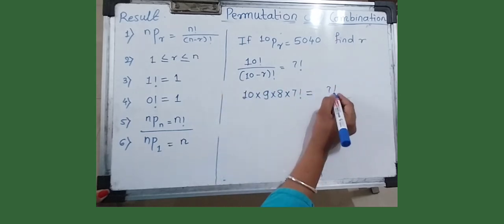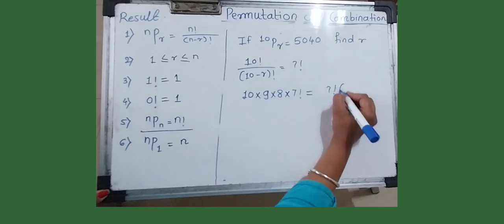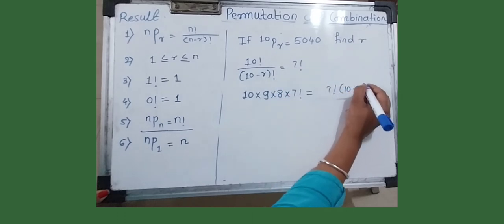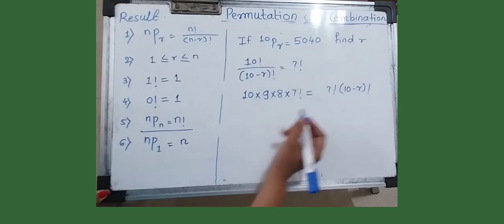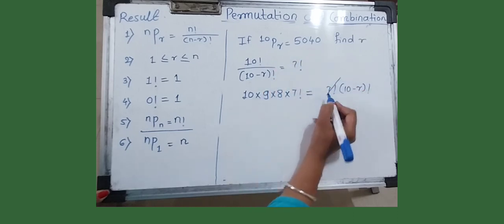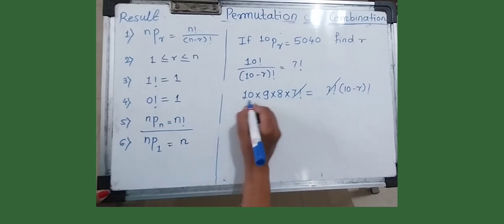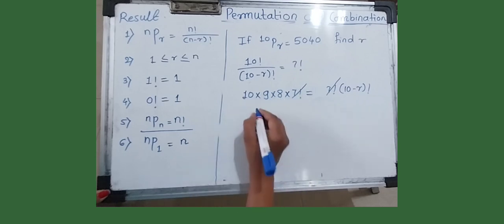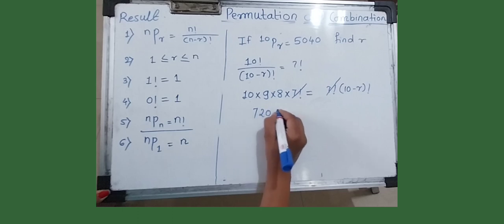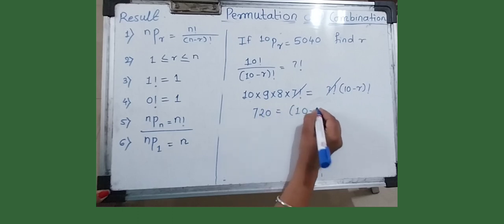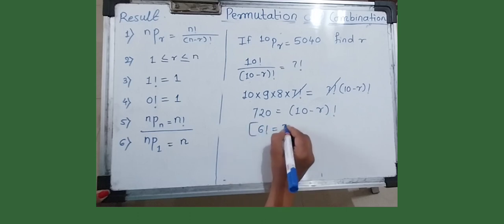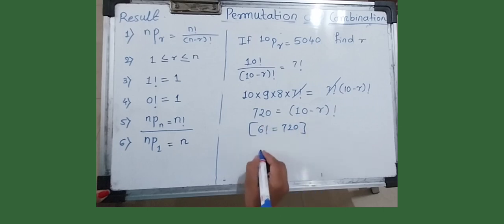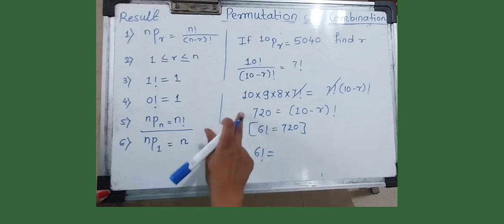This term is divided here, 10 minus r factorial is multiplied here. Take a cross multiplication. On both sides 7 factorial will get cancelled. What we get here: 10 into 9 into 8, it is 720. Here (10 minus r) factorial, and we know that 6 factorial is 720. So we use 6 factorial instead of 720.